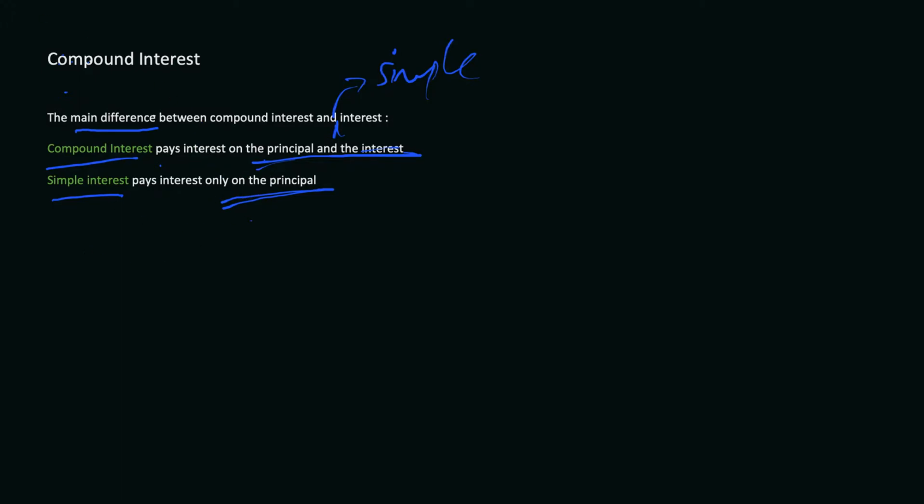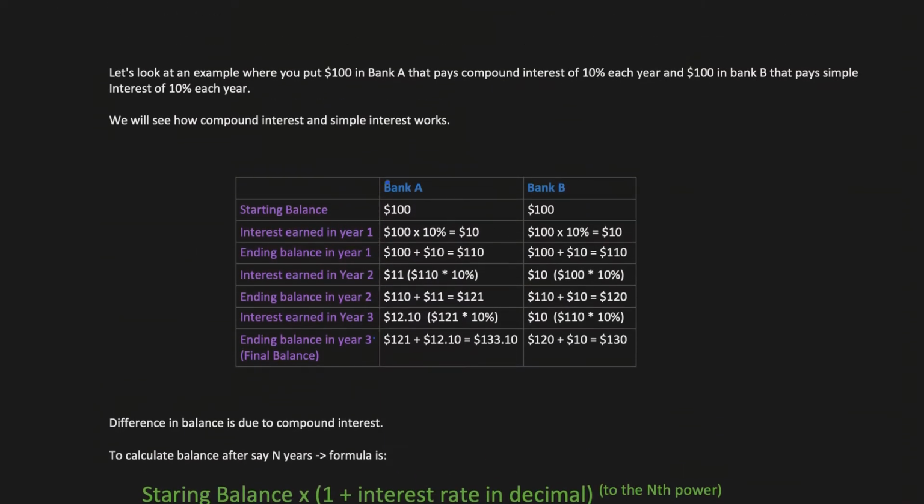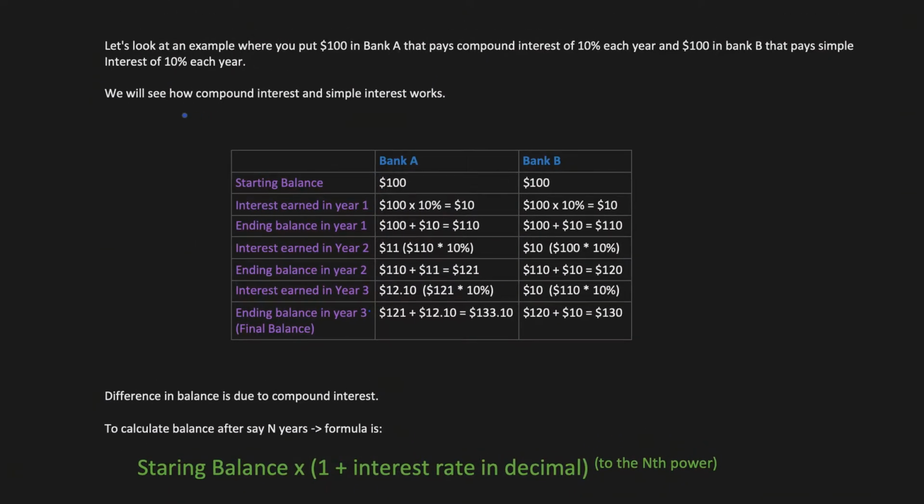So let's look at a simple example. Let's say we put $100 in bank A that pays a compound interest of 10% each year. And let's say we also deposit the same amount, $100, in bank B that pays 10% each year, but it's a simple interest.